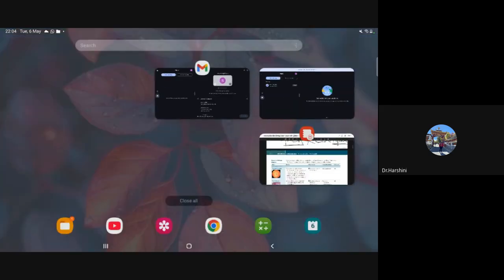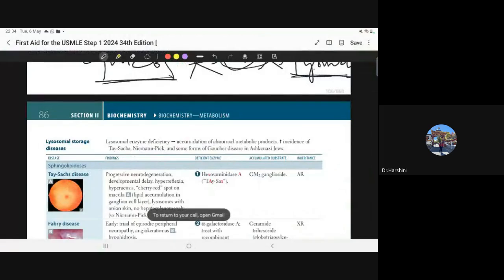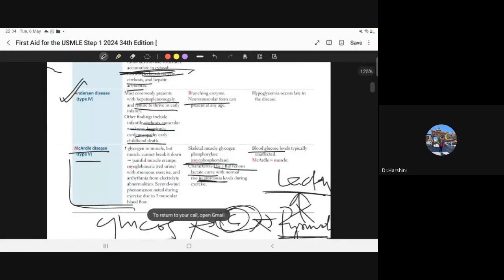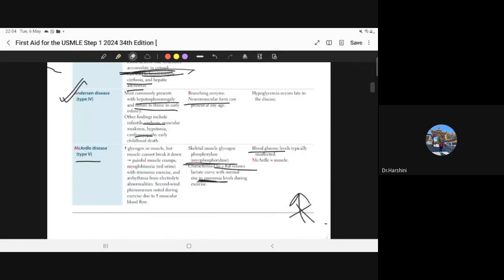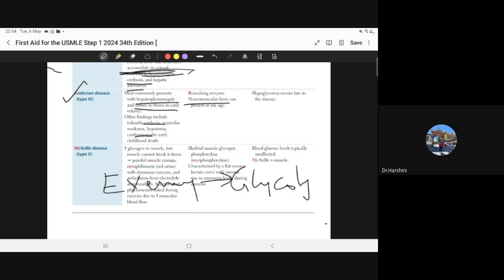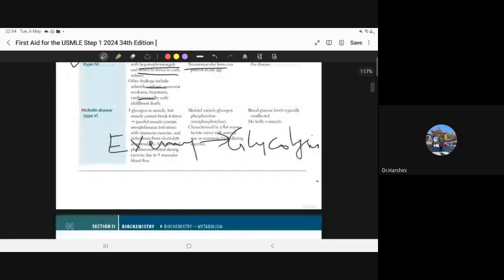Okay, flat venous curve. For this you have to remember that normally, in your exercising muscle, glycolysis is going on, right? You require energy, so glycolysis goes on. In glycolysis, pyruvate can go into the TCA cycle, and it can go into lactate too.